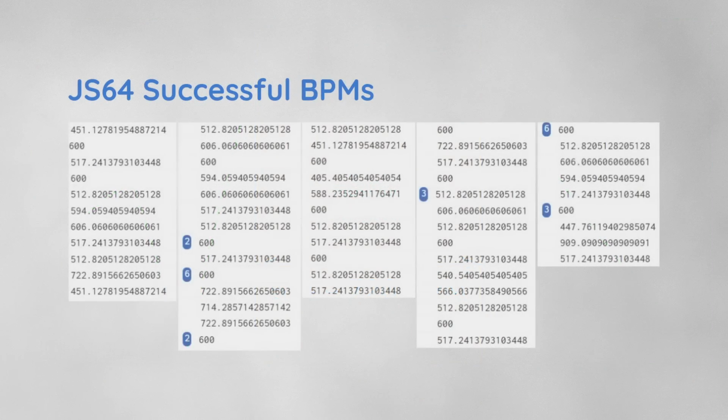In fact, looking at the successful BPM values found by JS64, as well as the 600 BPM values that he pointed out, which are equivalent to the 147 A press combination, there are also values around 514, which would have been the 148 presses, and some values around 720, which would have been the 146 presses.